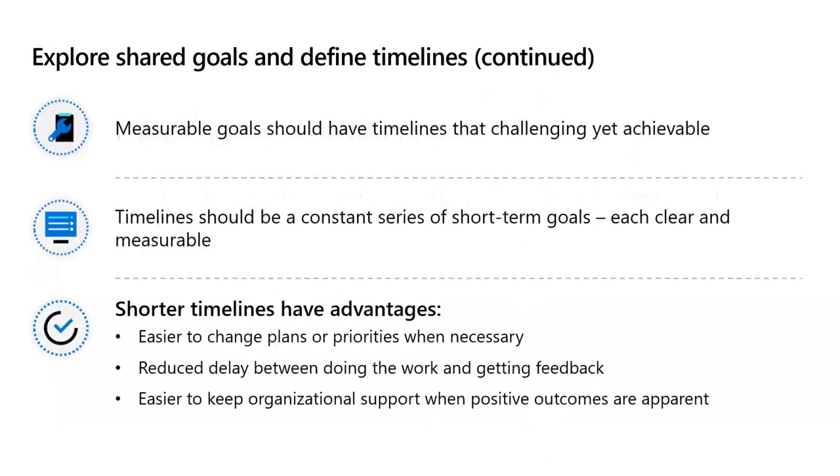What else? Measurable goals should have timelines that are challenging yet achievable, and timelines should be a constant series of short-term goals, each clear and measurable. Remember, we will have sprints. On each sprint, we will have a list of activities, and the main idea is that at the end of each sprint, we are going to evaluate which activities were completed, which activities couldn't be completed, and measure the time that it took us working on those specific activities.